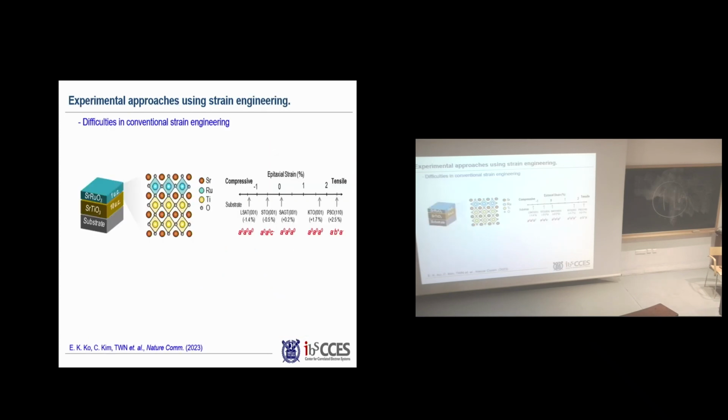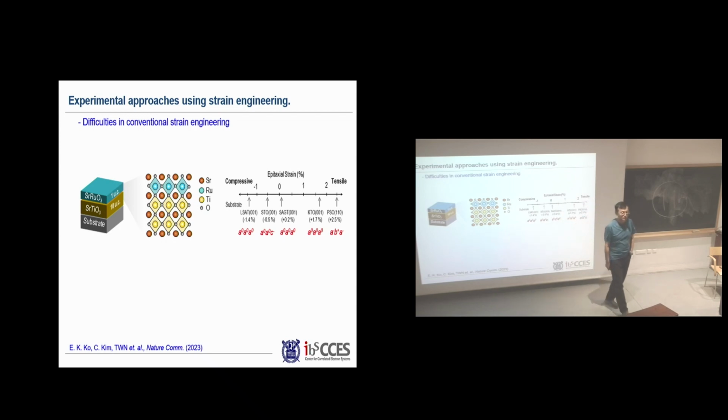So what we try to do is grow some SrRuO3 thin films using different substrates, which have different lattice constants. But unfortunately, they all have different octahedral rotations. If you look at the structure in the glazer notation, some of them are this one and these ones are different.